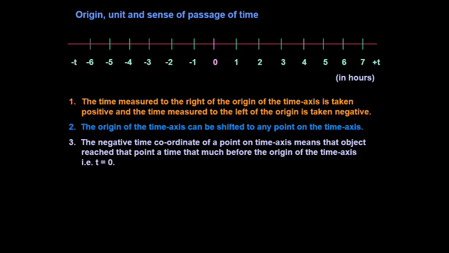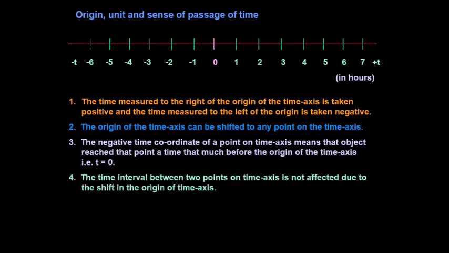The time interval between two points on the time axis is not affected due to the shift of origin of the time axis. The difference between two instants, which is called an interval, or between two events, doesn't depend on the shift of origin of the time axis.